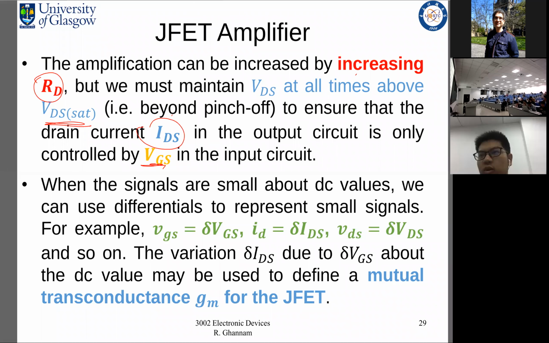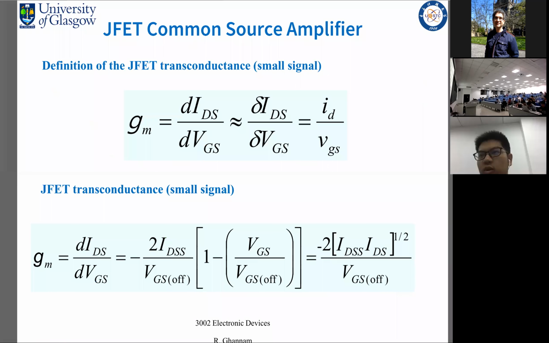The variation in IDS due to VGS about the DC value may be used to define what is known as the mutual transconductance, gm, for the JFET. The mutual transconductance is this change in IDS over the change in VGS. We write it as small id over small vgs. This is called the transconductance.